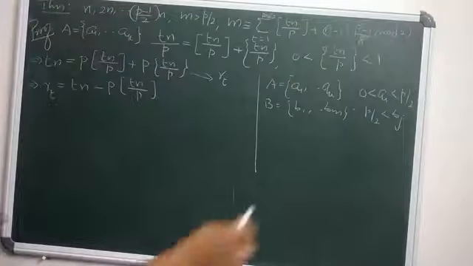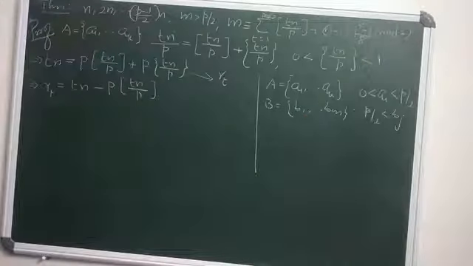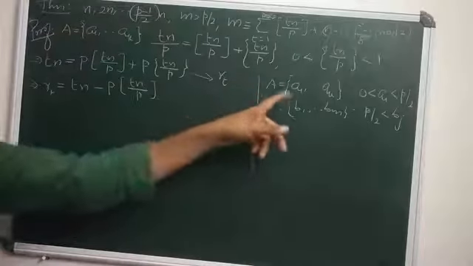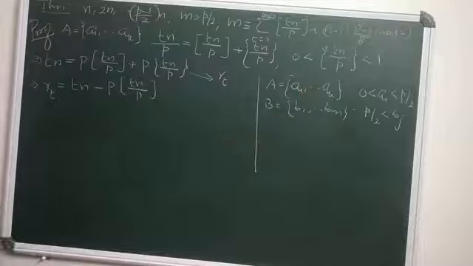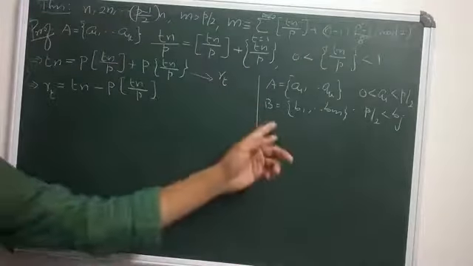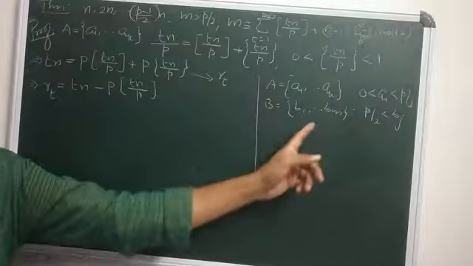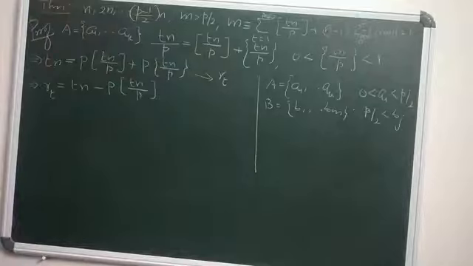So clearly A intersection B is empty. A contains the least positive residues of the numbers n, 2n, 3n, etc., up to (p minus 1)/2 times n, where a is less than p by 2, and B consists of the least positive residues of n, 2n, 3n, etc., up to (p minus 1)/2 times n, where p by 2 is less than bj.